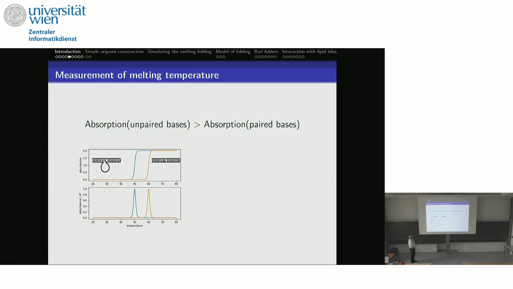But if you destabilize it a little bit, like adding a loop, like here, the curve is going to be shifted to the left because it is a bit less stable. And actually what is represented is not this curve, but the derivative of the curve against temperature. So for each structure, you have a typical peak, which is centered about what is called the melting temperature.